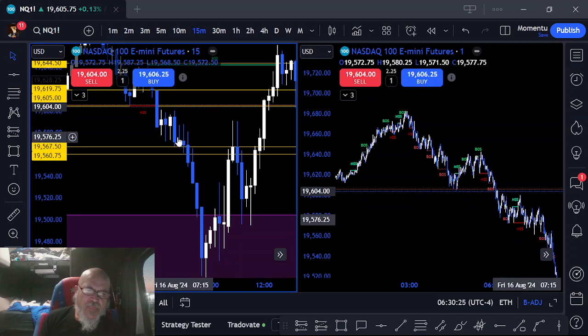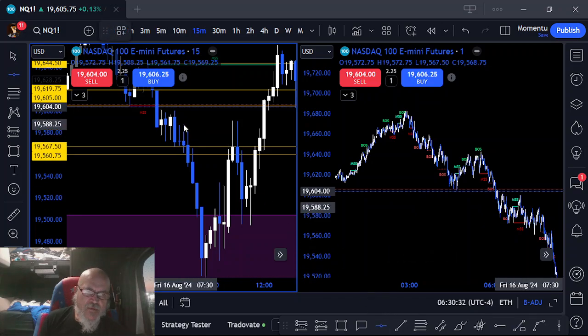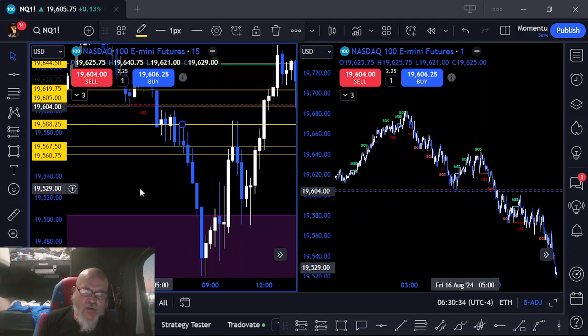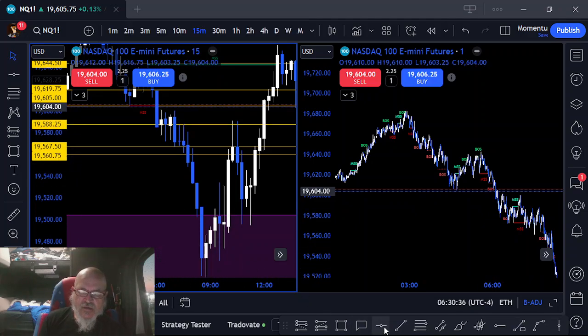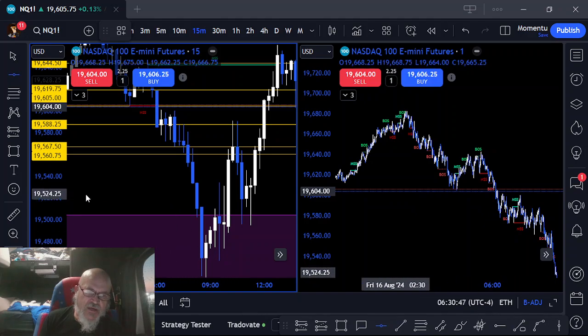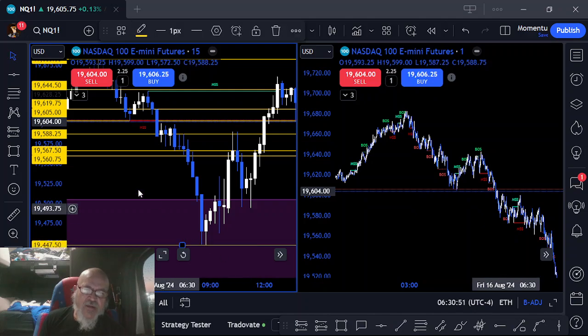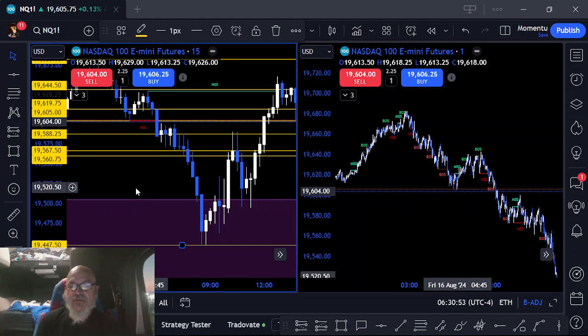So this is going to be the high between 7:30 and 9 o'clock. Okay. The 8:45 to 9 o'clock candle, so that is that. The low is going to be down here at the lows. Okay. All right. So those are my liquidity levels.